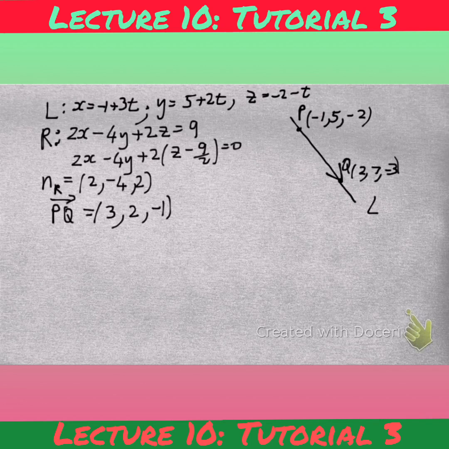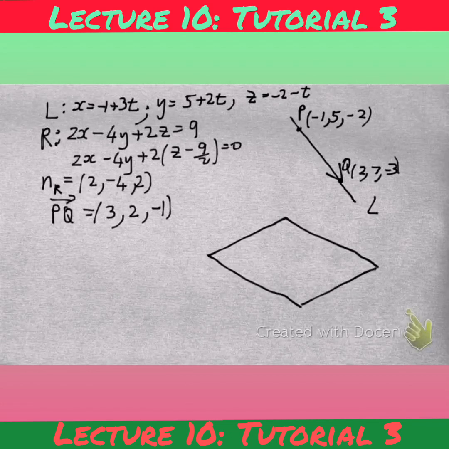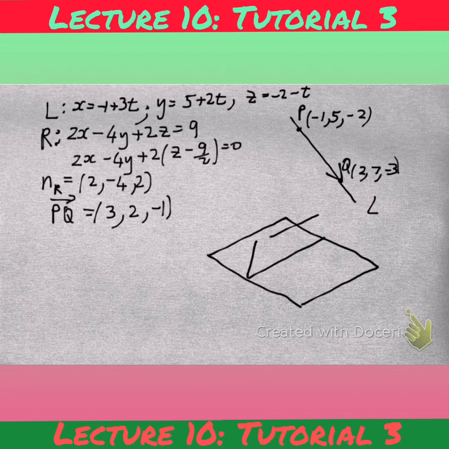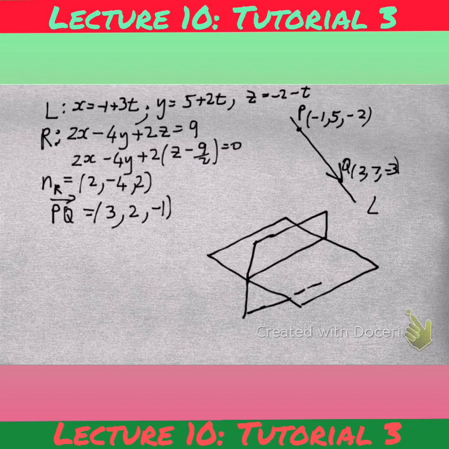Right, so if you want to look at it geometrically, if I want to find a plane that's perpendicular to another plane, so if I take the plane there and I want to find the equation of a plane that is perpendicular to that plane, then geometrically, it's going to look something like this.